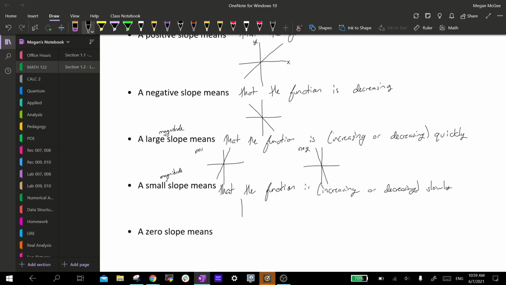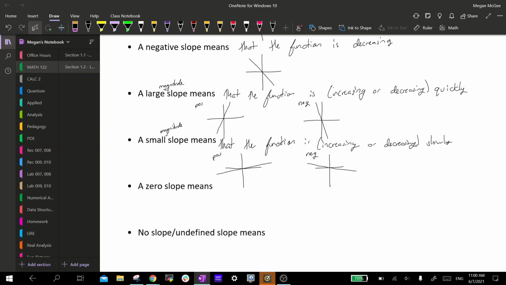Alright, so again, I'll show a positive and negative version. So this is the positive, this is the negative. It'd be a very small slope, so almost flat. Okay, similar thing with the negative slope, almost flat. Okay, so whatever it's doing, increasing or decreasing, it's doing it very slowly. It's taking a long time to do that.